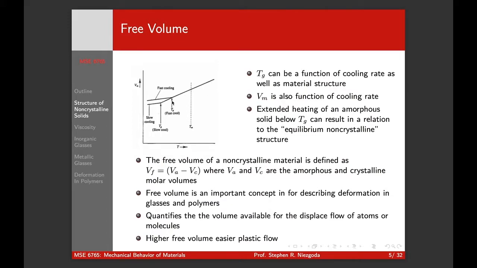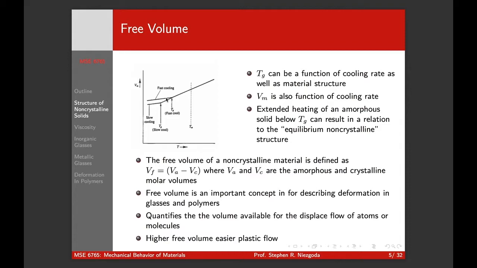If you cool it slowly, you typically end up with a lower glass transition temperature than if you cool it quickly, and your specific volume also ends up being a function of the cooling rate. If you cool a glass, an amorphous material, quickly versus slowly, you have a higher specific volume.